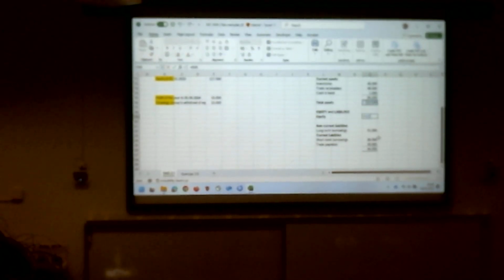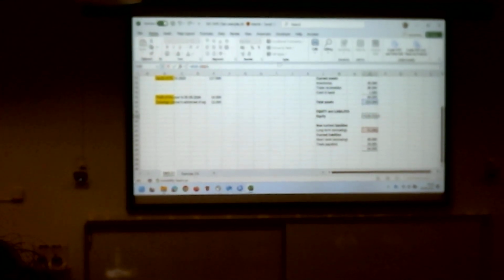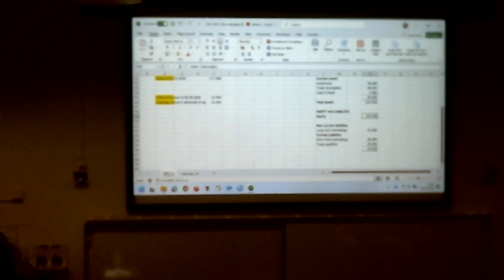So it's the total assets minus the non-current liabilities plus the current liabilities, and that's it. 120,500 equity. So you see, applying this equation leads to equity.